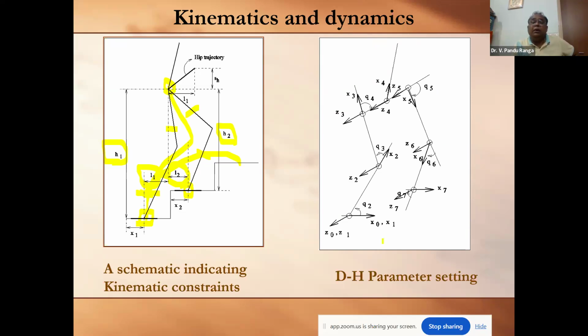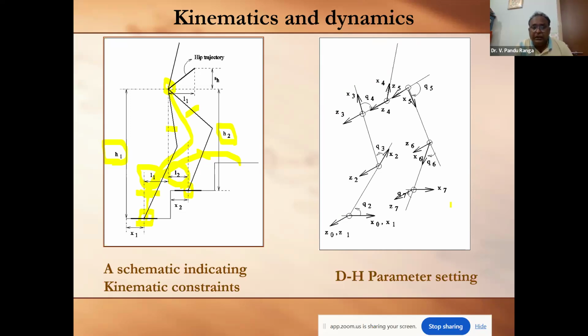Once again, if somebody has some touch with robotics and kinematics, they will be able to understand. What is the purpose of these parameters? I think there are two scientists, Denavit and Hartenberg, who established a procedure that is used to establish the forward kinematic solution for any manipulator configuration.